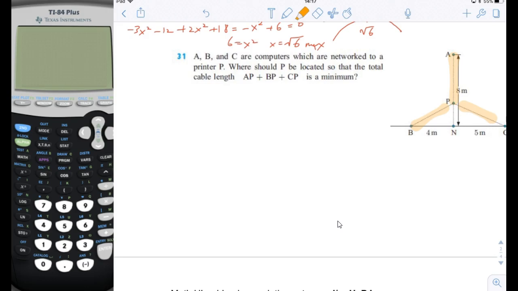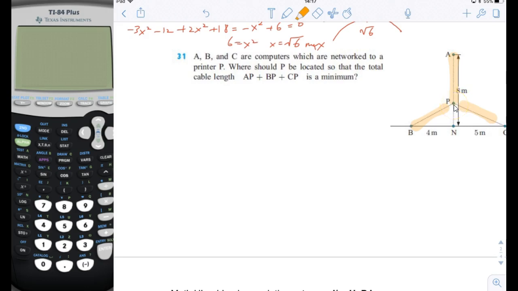And P must be along the distance AN or not? It doesn't seem like it, right? It doesn't really say in the problem whether or not you can move P to the left and the right to make the cable length smaller.